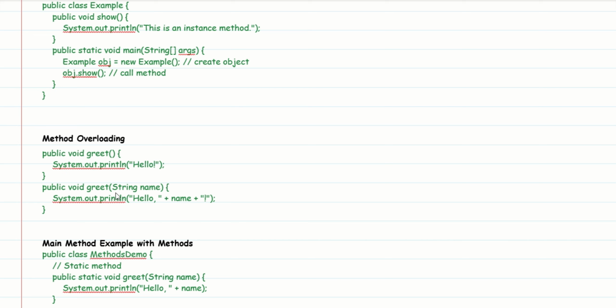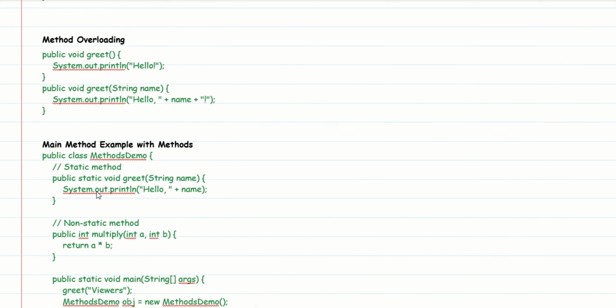with a single parameter, and you can again have a number of methods with different parameters, like String name and int age. Method overloading is the process of having the same method name with different parameters.